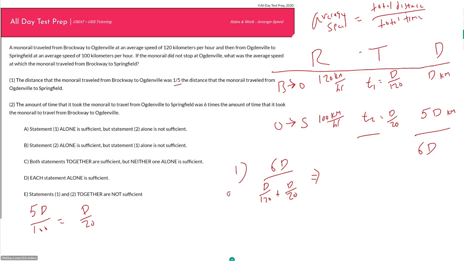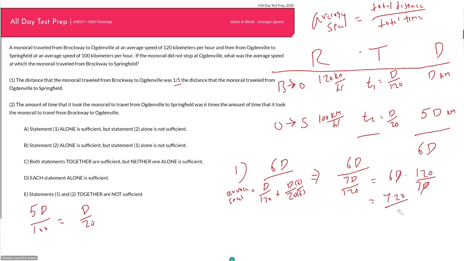So our average speed is equal to 6D over D over 120 plus D over 20. A common denominator here would be 120, so this is 6D over 7D over 120, which equals 6D times 120 over 7D, and the D's cancel out.